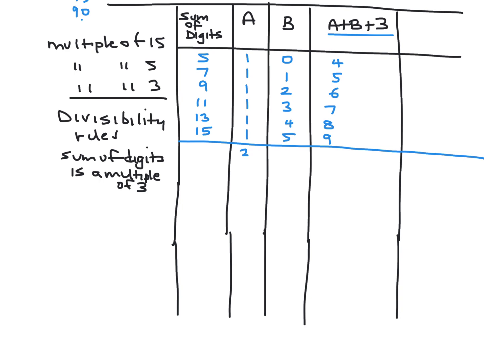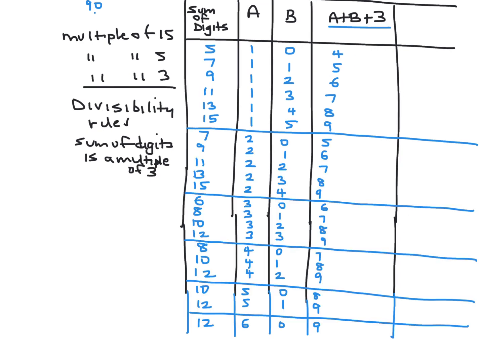So let me fill those out really quickly, and then I'll come back. So that's the full table, but not all of these will qualify because we still have to try to match that rule.